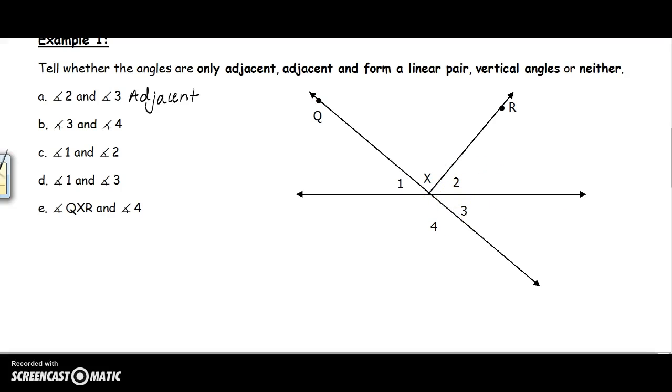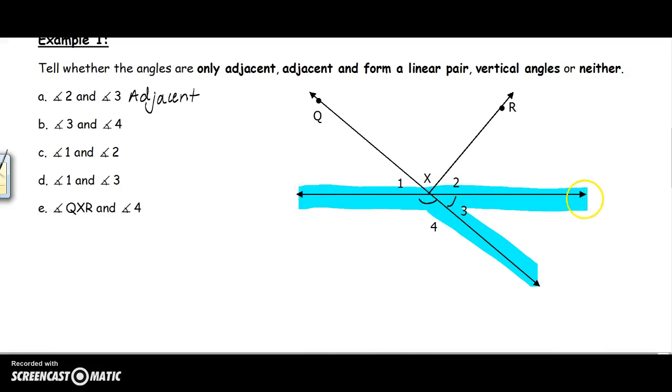Now take a look at angles 3 and 4. They share a side, but those angles also form a straight line. So because they do that, these are not only adjacent, but they are also a linear pair.